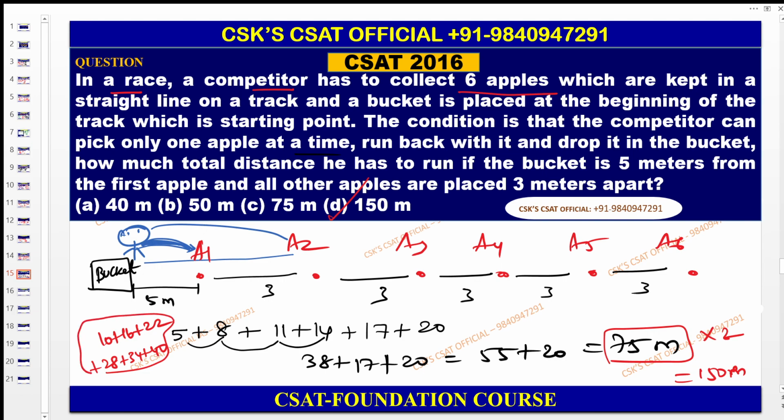If you are forgetting to multiply into 2, this would be better. 10 plus 16 plus 22 plus 28 plus 34 plus 40. Understanding? Now, shall we move on to the next question? Okay, fine.